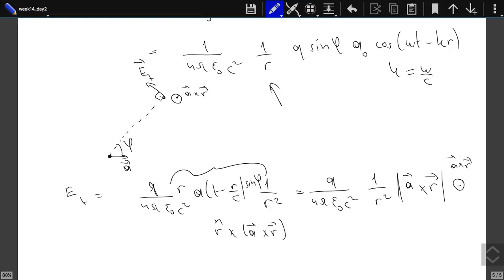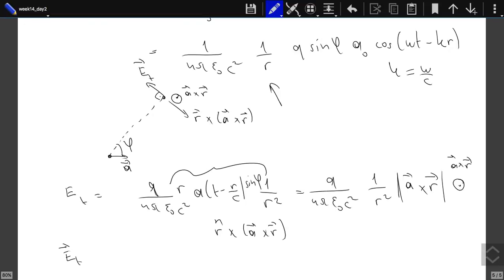A cross r is towards you. Right? R hat cross, this one is in this direction. Right? So this is r hat cross a cross r. Do you agree?